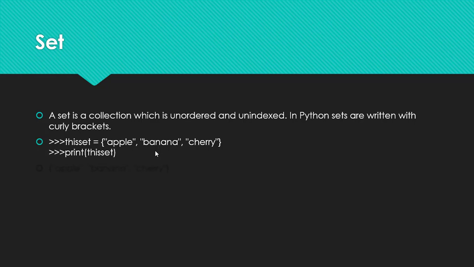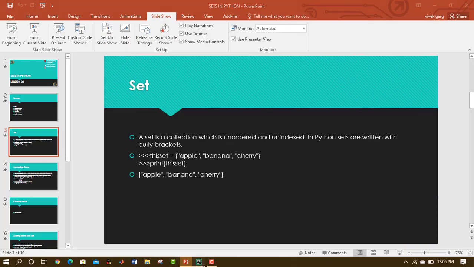When I am going to print this set, apple, banana, cherry would be printed. But it is not necessary that it would be printed in the same order as we are writing it initially. It could be in any order because a set is a collection which is unordered and unindexed. Let us see this on PyCharm itself.